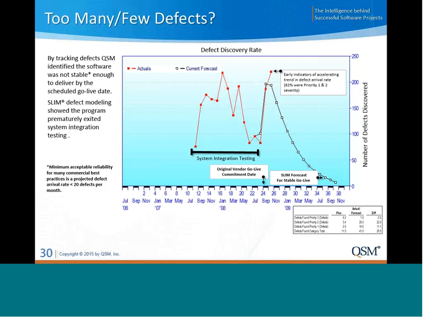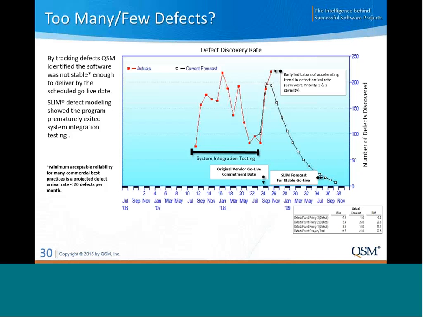It's probably going to be a gradual burn down. So with this, as this chart indicates, the defect levels are far above what we would consider acceptable for delivery. For business systems, we recommend a defect discovery rate of less than 20 defects per month, and this was well over 10 times that number.